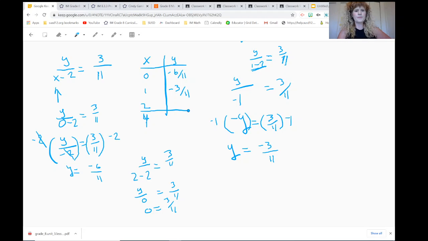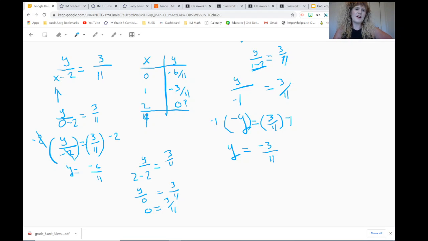It doesn't really work. Let's try 4. Okay, are you ready? Oh, you know what? Maybe y equals 0 when x equals 0. I don't know. Strange. I'm not sure about that one. Does y equal 0? We'll find out later, in high school algebra.